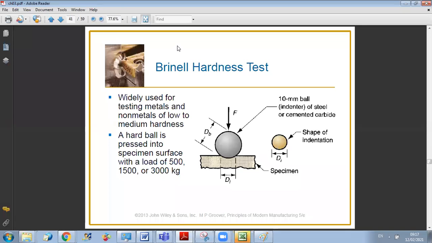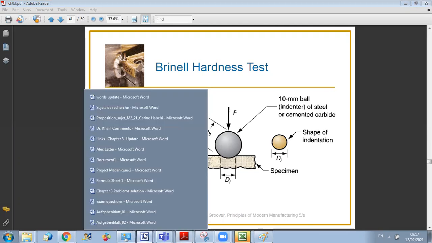We have a way to calculate the hardness as a function of these parameters, which are the force applied on the sphere, the diameter of the ball which I put on the specimen, and the resulting diameter of indentation, dr. So we can see here that the Brinell hardness can be calculated as a function of these parameters.